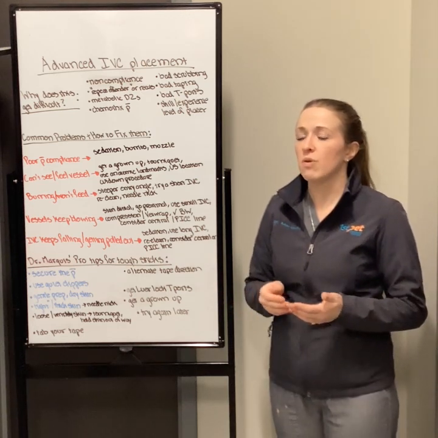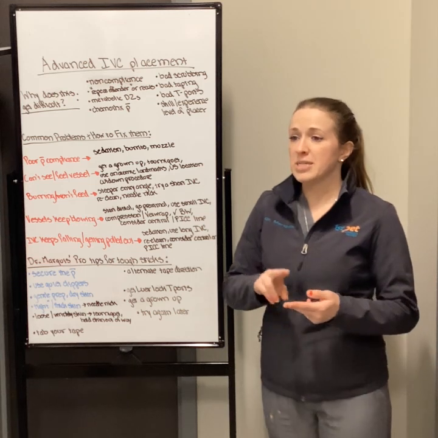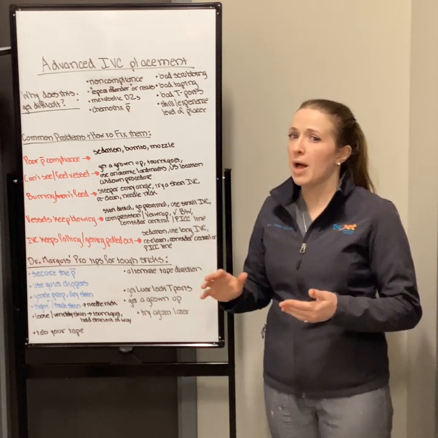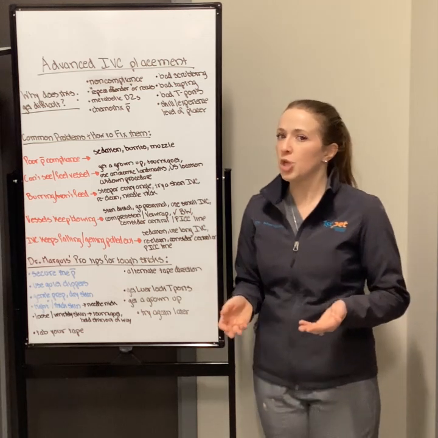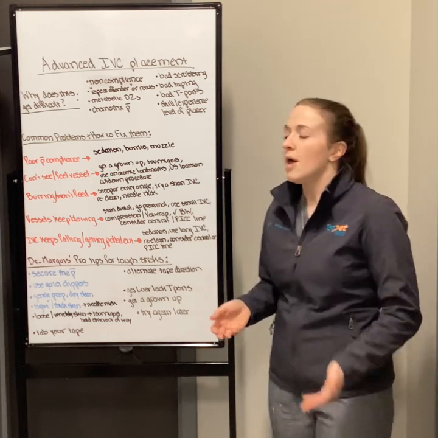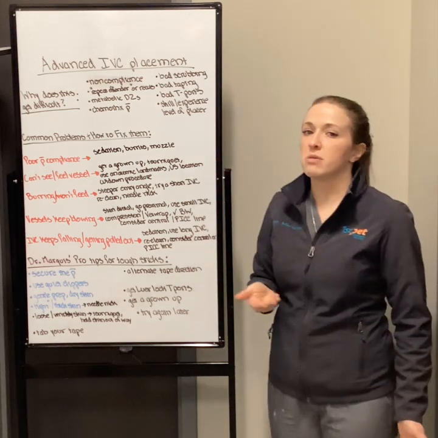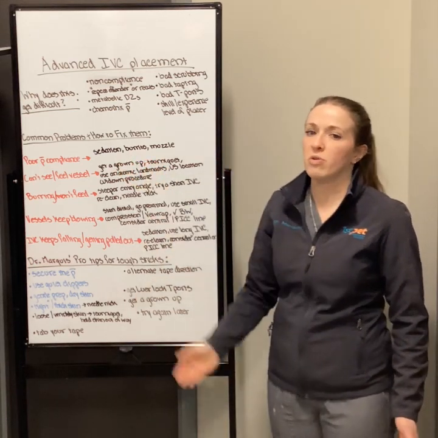You can try physical restraint. You can try applying a muzzle, maybe getting a second person to be a butt stop behind your big dog or behind your cat. A burrito helps a lot of cats and small dogs feel better, so that's certainly something you can try. But if those things aren't working and it is an emergent situation, do not be afraid of injectable or oral sedation.